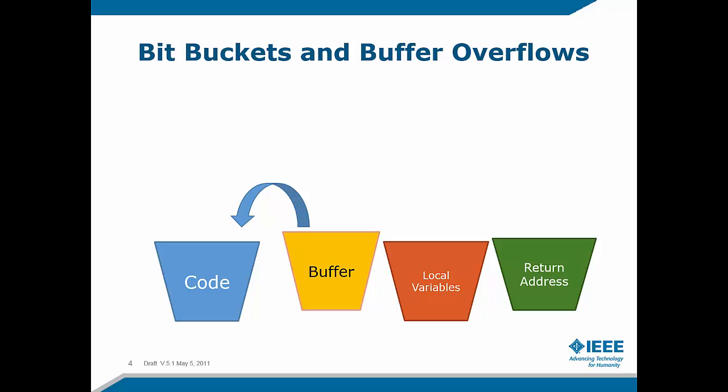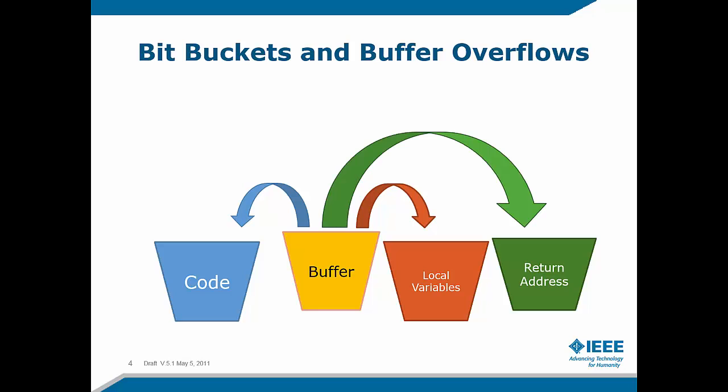So for example, if the buffer contaminates the code area of your main memory, somehow your code gets corrupted, or the information inside the buffer overflows into the bit bucket storing local variables, the local variable information can be corrupted. The information inside the buffer can also overflow into the return address section of your main memory, again corrupting the information in the bit bucket. So the program running on your computer now doesn't know what to execute next.